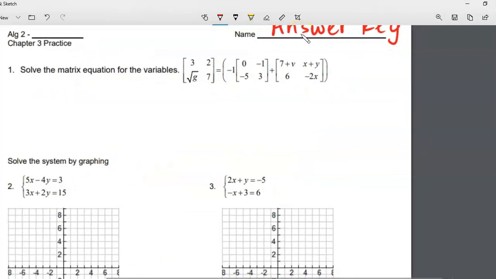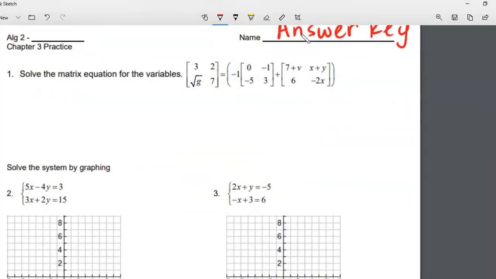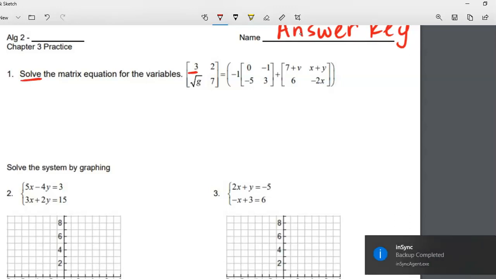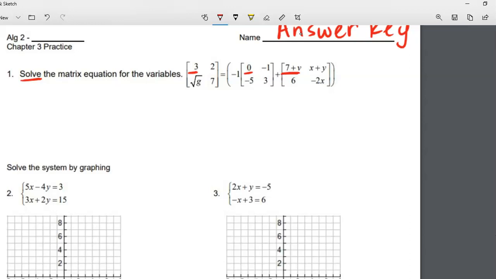All right, so let's talk about solving matrix equations. When I look at this, the first thing I'm thinking is, hey, I'm solving a matrix, so in these corresponding positions I will have to make an equation, like you're solving an equation.